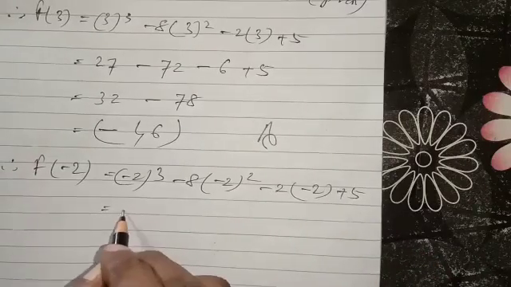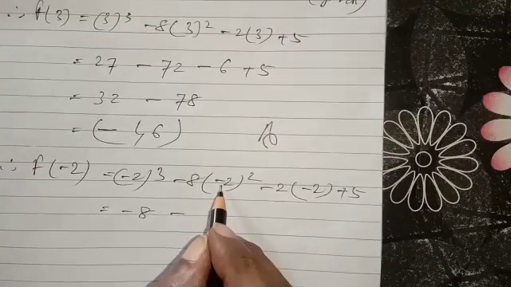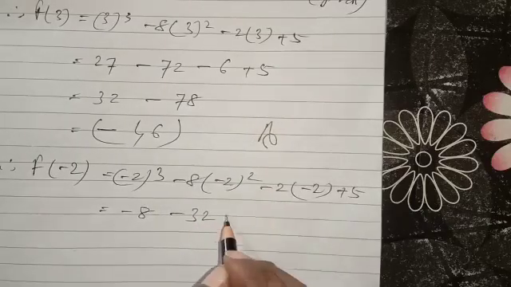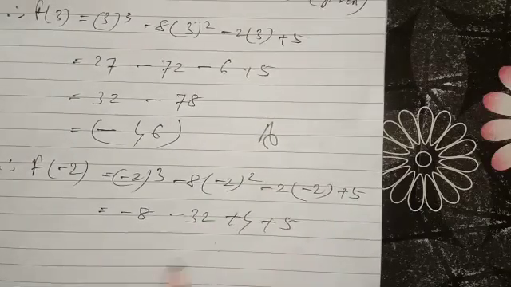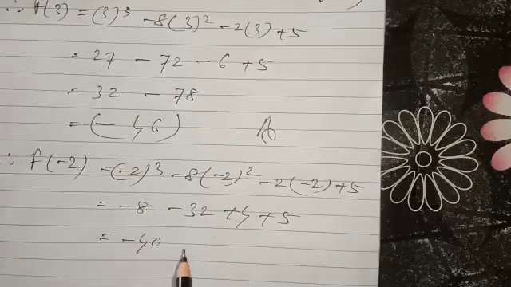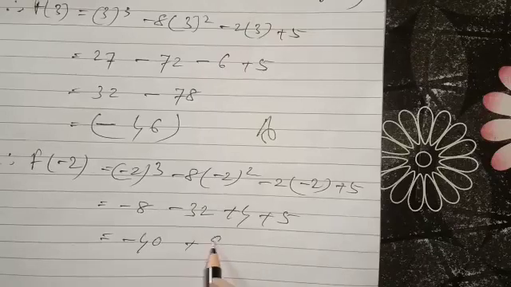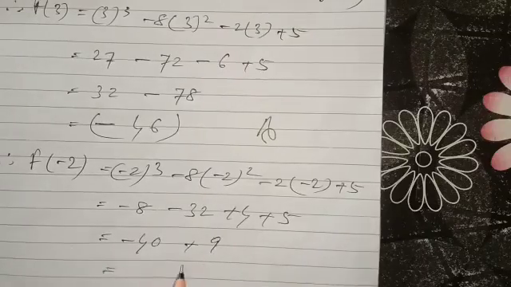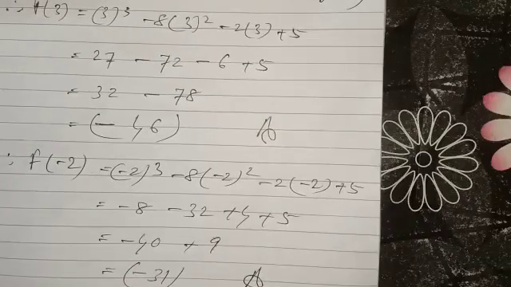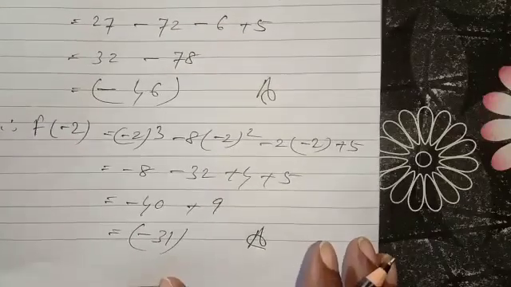Minus 2 whole cube is how much? Minus 8. Minus 2 whole square 4, 4 8 is 32. Means minus 32. This is plus 4 plus 5. Minus 8 minus 32 will be how much? Minus 40. And this is 9. 4 plus 5 is 9. Minus 40 plus 9 is minus 31. So what is the answer? Minus 31. In this way number 2 second part also completed.